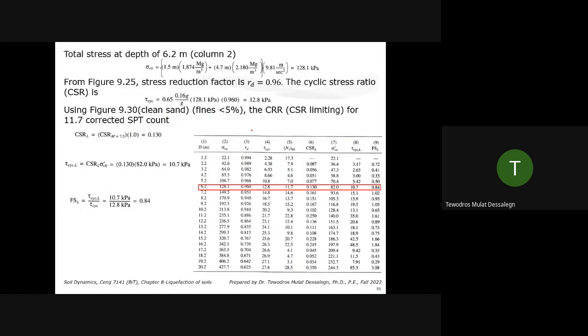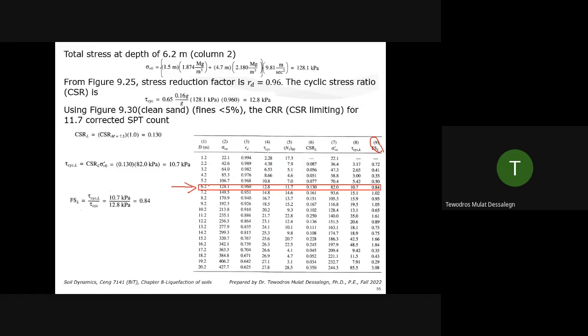So let's look at one specific layer for liquefaction evaluation. Our goal is to find the factor of safety for liquefaction and see if it is less than 1 or greater than 1. So this example specifically focuses on a depth of 6.2 meters, just to show you an example. For other depths, you can repeat the same thing. You can set it up in Excel or MathCAD and compute all these numbers.